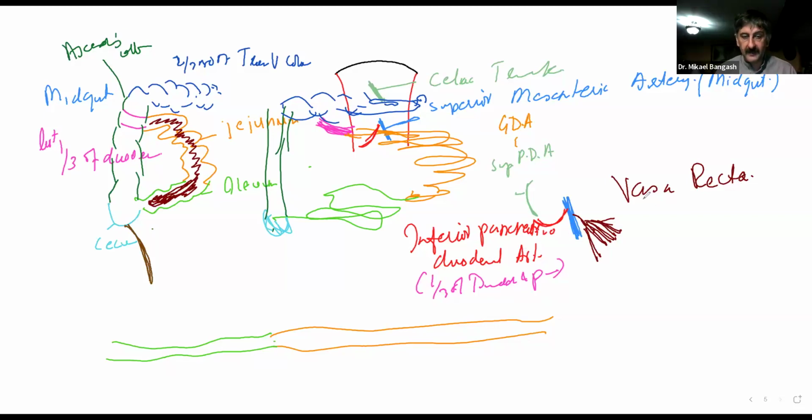Now, what is it that this vasa recta here is going to be? The word vasa comes from the word vas, which would be vessels. The word recta comes from rect, which is straight.